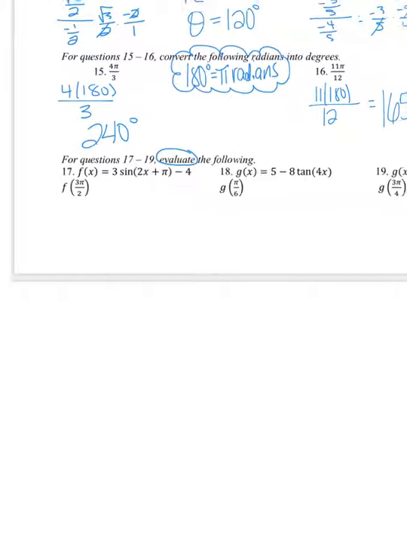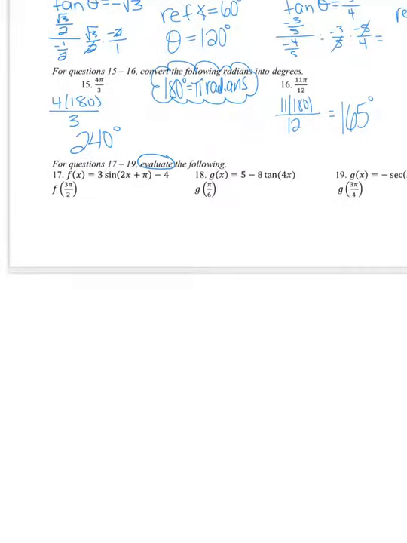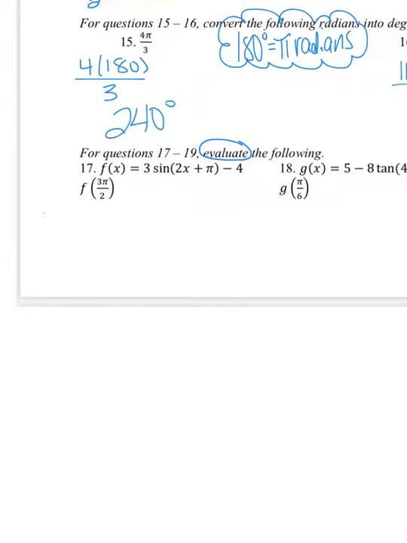Okay? 17, 18, and 19, these are all radian measurements because you can tell because of the pi. Plus there's no degree symbol. So these are all radian measurements, which means my calculator should be in radian mode. So make sure you change that. Okay? Then what I'm going to do, I'm not going to type the entire thing into my calculator.